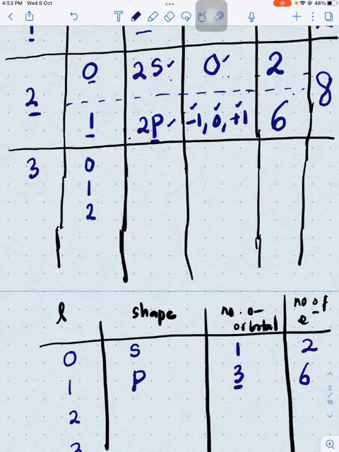L kita sentiasa mula dengan 0, sehingga N minus 1. So dalam kes ni N kita 3, 3 tolak 1, 2 kan? So 0, 1, 2 will be allowed value of L when N is equals to 3.